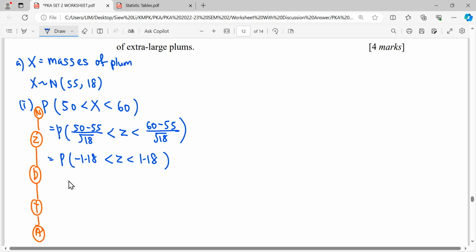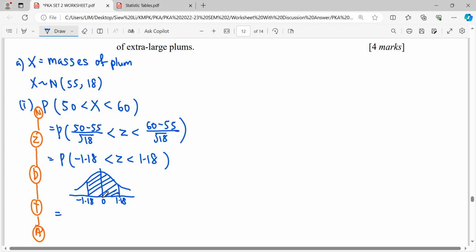So continue. After we get the z-score, we draw the standard normal graph, with negative 1.18 at the left hand side and positive 1.18 at the right hand side, and the region in between. In order to find it from the table, we always remember the table only has the tail side, right tail or left tail.